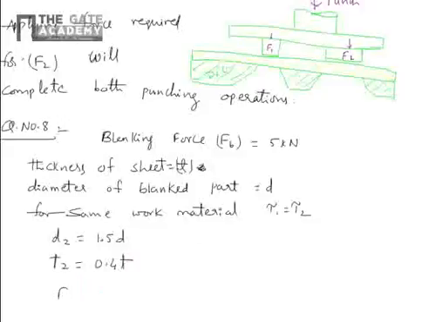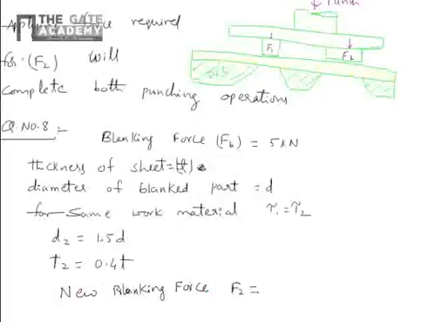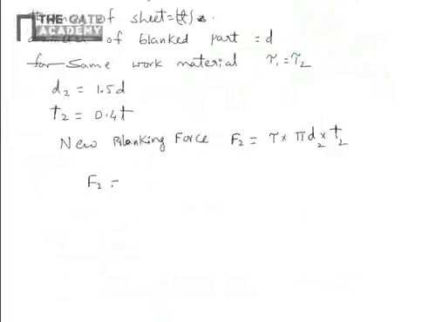We know that blanking force equals stress into perimeter pi d into thickness. So F2 equals tau into d2, substituting 1.5 d1, into T2, which is 0.4 T.